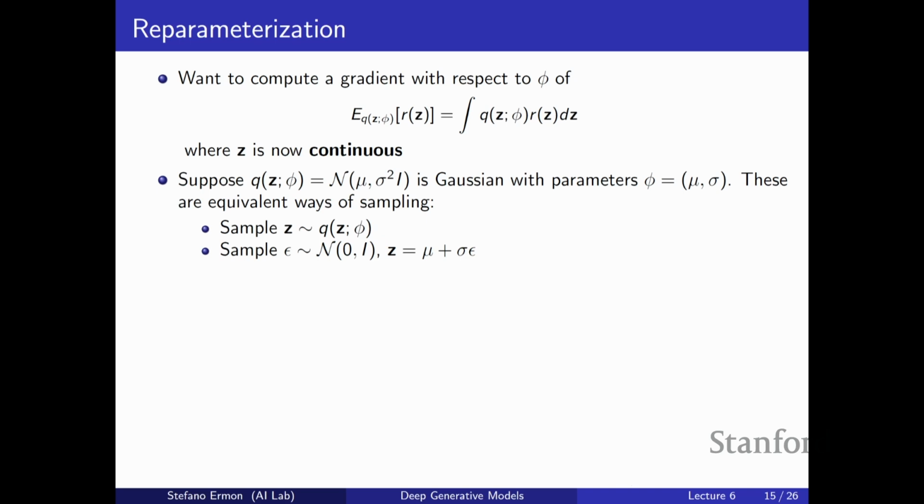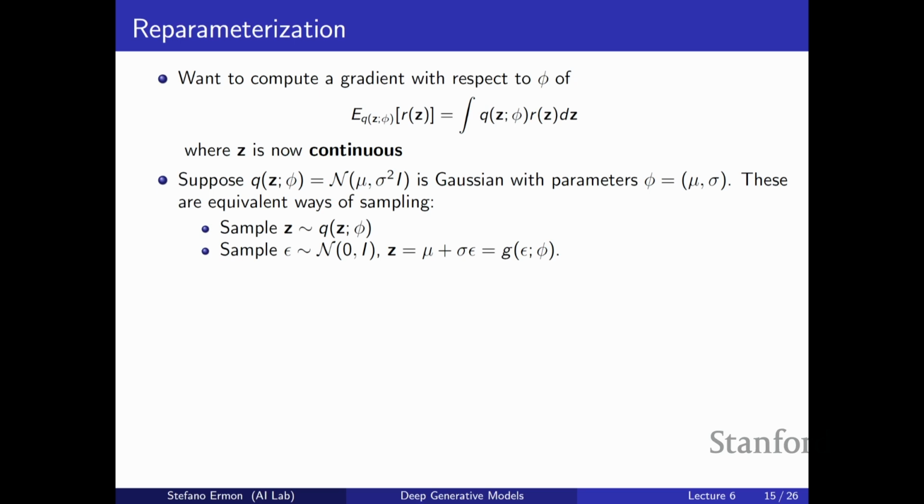And what this does is that we're basically rewriting this complicated random variable Z as a deterministic transformation of something simple, of a standard normal Gaussian random variable.